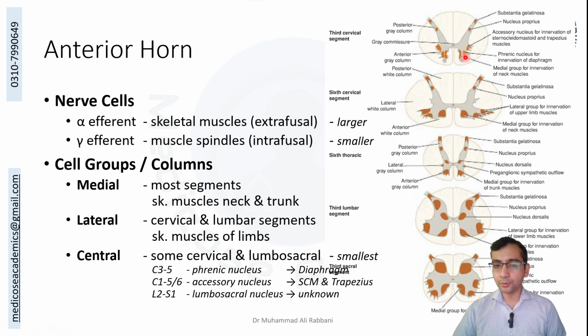Similarly, as you move down, the C3, C4, C5 nucleus is going to supply the diaphragm through the phrenic nerve. And similarly, there are corresponding nuclei in the lumbosacral region that have some unknown supply areas, most probably to the urogenital system.